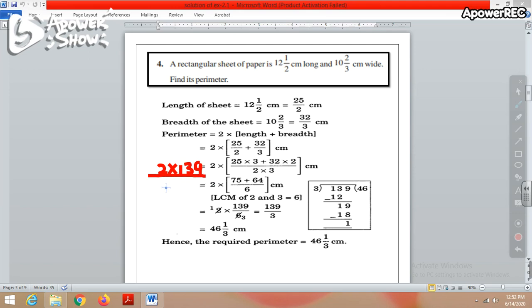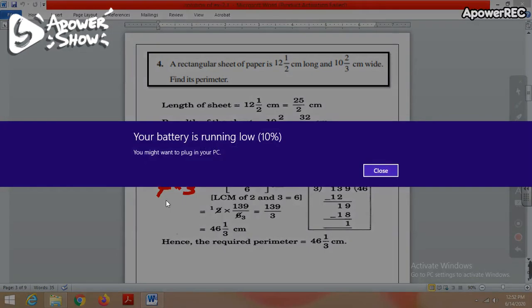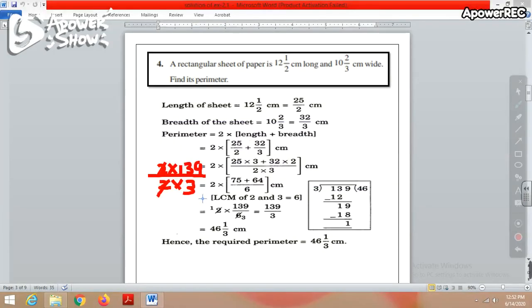So we can split 6 as 2 into 3. So we are factorizing 6 as 2 multiplied by 3. Now we are cancelling the common part. So 2 and 2 cancel out, and after this we get 139 by 3.